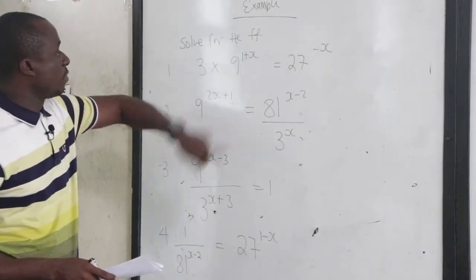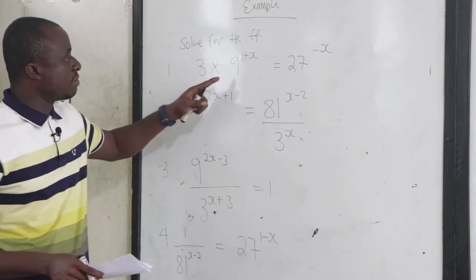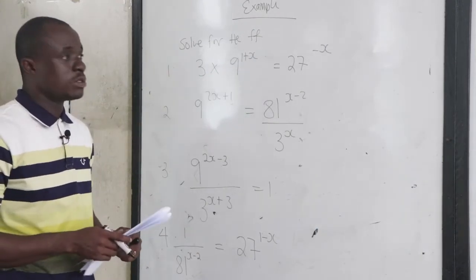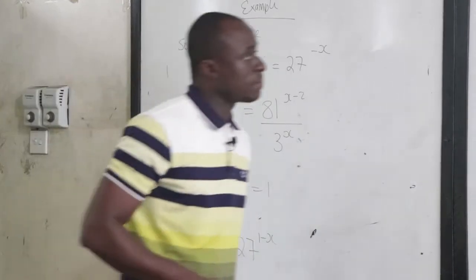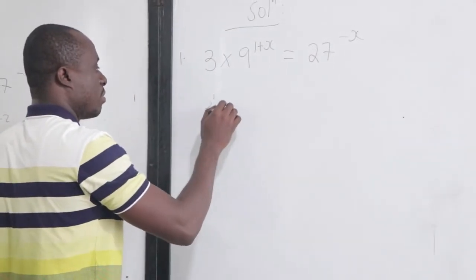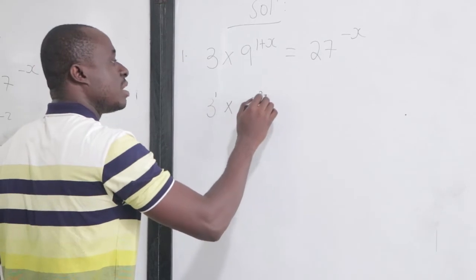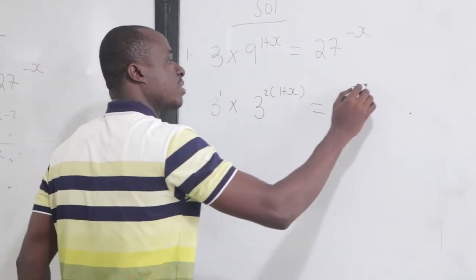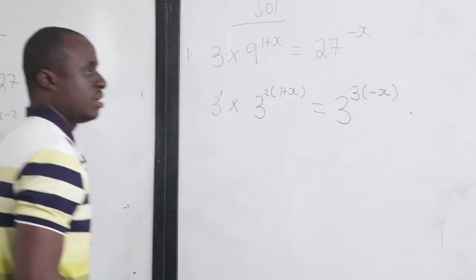Okay, let's solve the following examples. The first one, 3 times 9 to the power 1 plus x equal to 27 to the power negative x. So let's see. Now we have to make all the bases the same. So you have 3, that's 3 to the power 1, times 3 to the power 2, that is 9, to the power 1 plus x, equal to 3 to the power 3, to the power negative x.